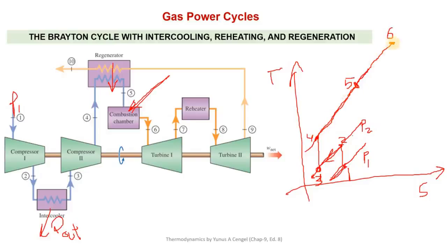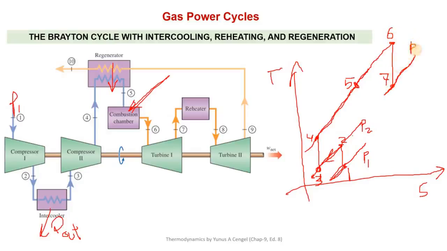Now at point 6 it enters into turbine 1, where pressure drops. Partial pressure drop till point 7, isentropic expansion. So during this process pressure drops. So at this point we have another, lower pressure line.